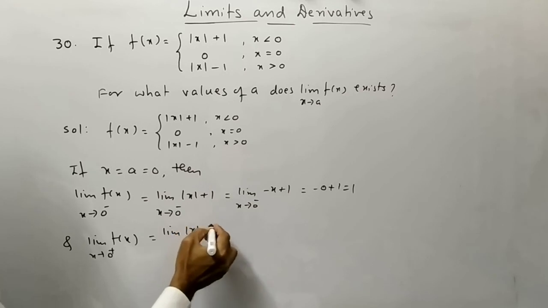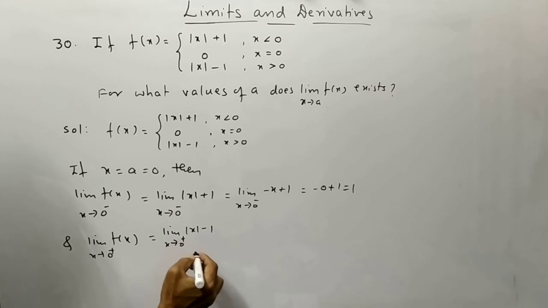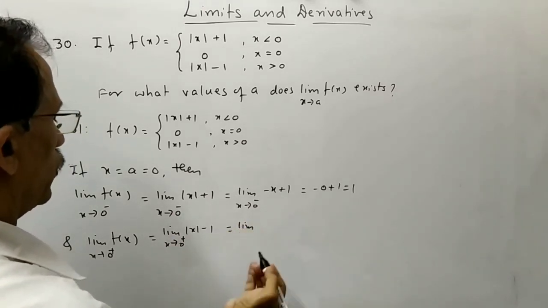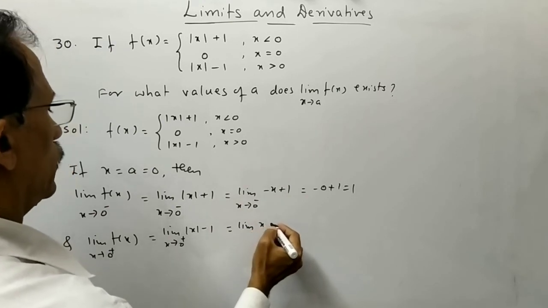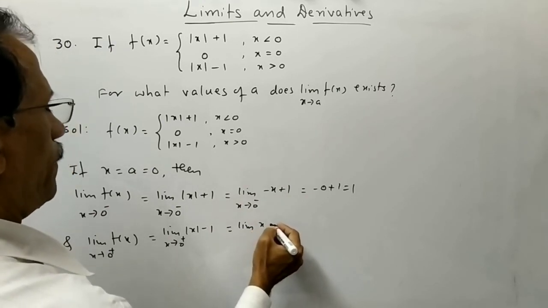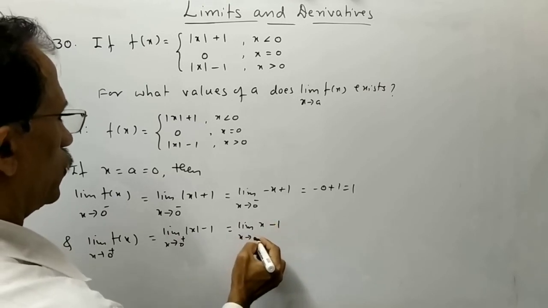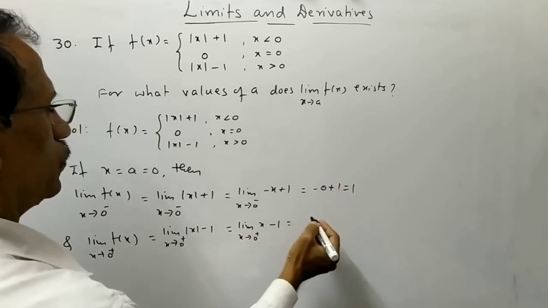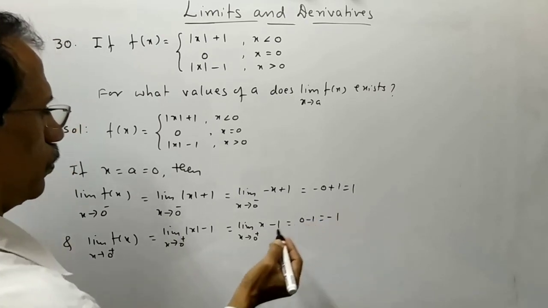Modulus of x minus 1 when x tends to 0 from the right side is equal to the limit of x minus 1 when x tends to 0 from the right side, which is equal to 0 minus 1 is equal to minus 1.